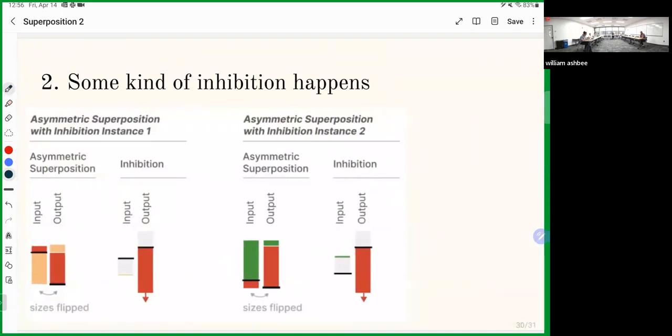So basically, what we're trying to say is that in the first matrix W1, they're contrasting features asymmetrically, and in the second matrix, the original feature inhibits the interference that happened in the first matrix.